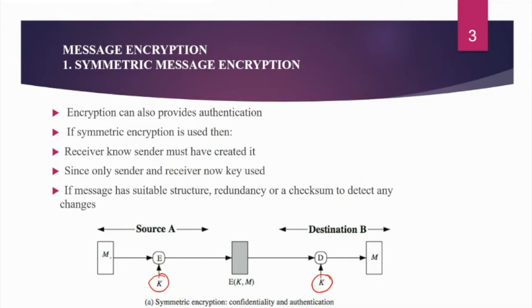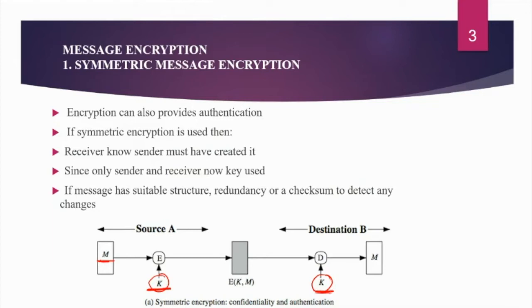Now, the receiver knows that the sender must have created it. If the message is encrypted by a sender or source A using key K, then at the destination B can decrypt it using the same key.